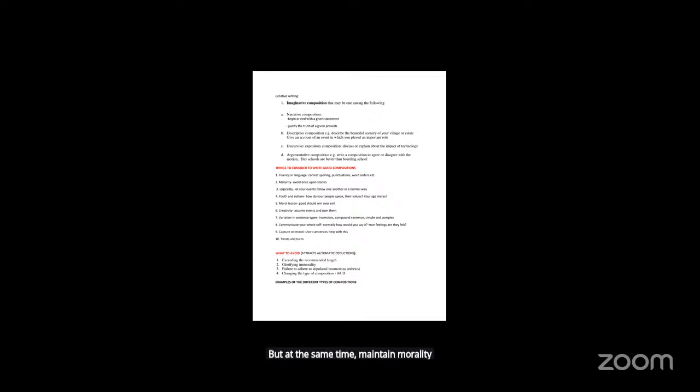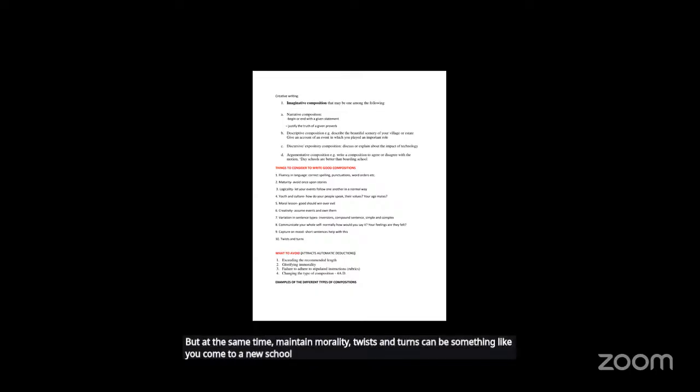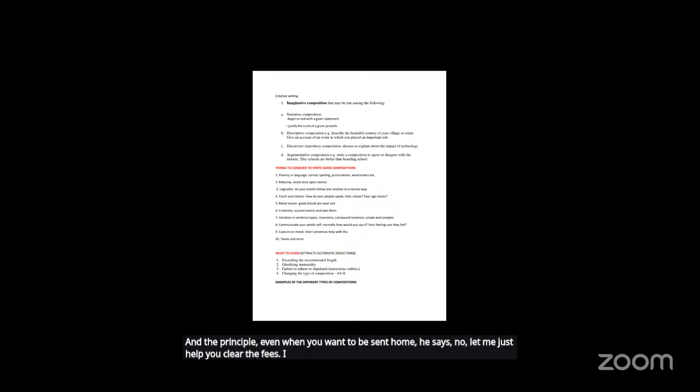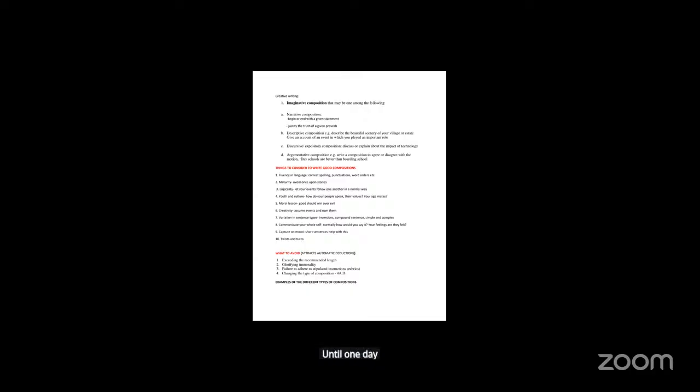Twists and turns can be something like you come to a new school, the principal just takes to you. The principal just loves you. And even when you want to be sent home, he says, no, let me just help you clear the fees. I want you to grow up into something. Until one day, your mother drops in, for you to see your mother and the principal speaking in such a friendly way.